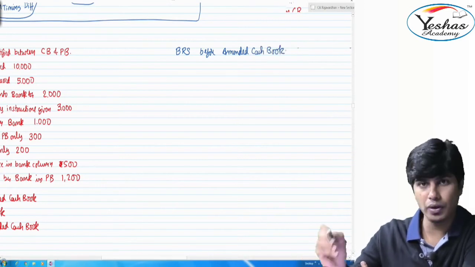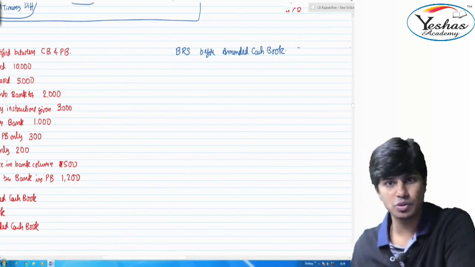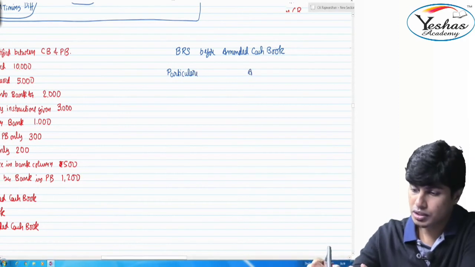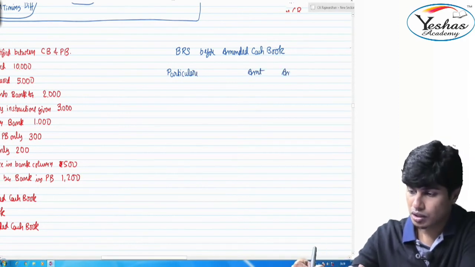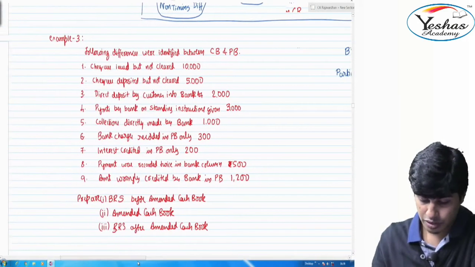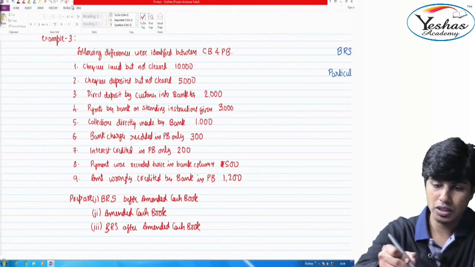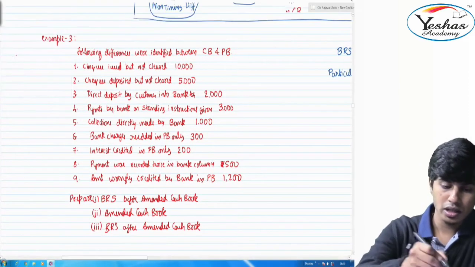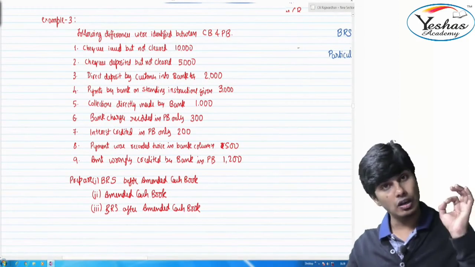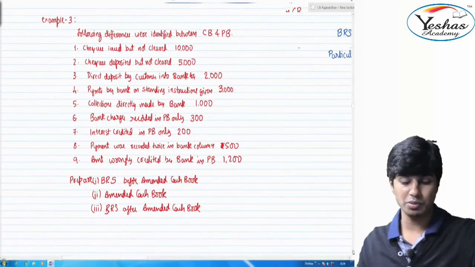These are like the proper original BRS that we used to prepare. Particulars, amount, 2 amount columns. What is our starting point? Balance as per cash book. In these amended cash book questions, we can't start with passbook balance. Always cash book balance only. They will give in the question cash book balance only.